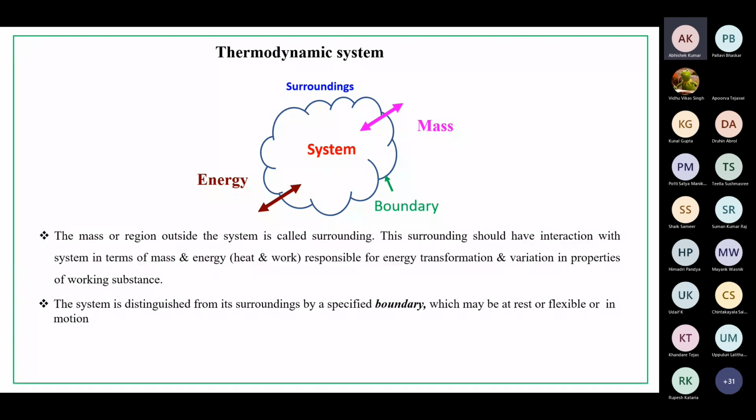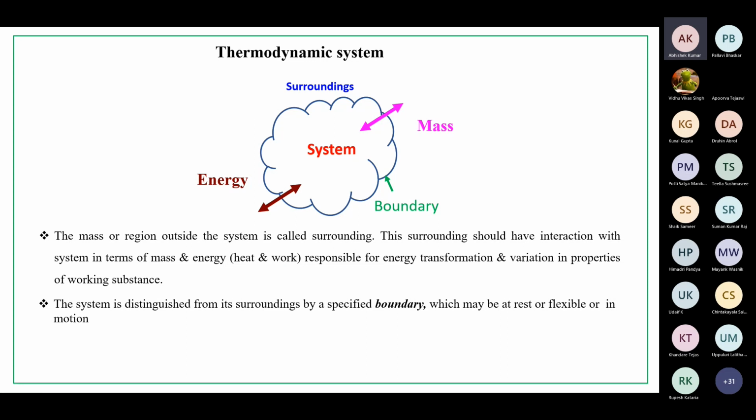The cold water crosses the boundary and enters the system, and the hot water leaves the boundary and drains into the bucket. So mass is crossing the boundary: there is a mass inlet and a mass outlet. The same goes for energy.